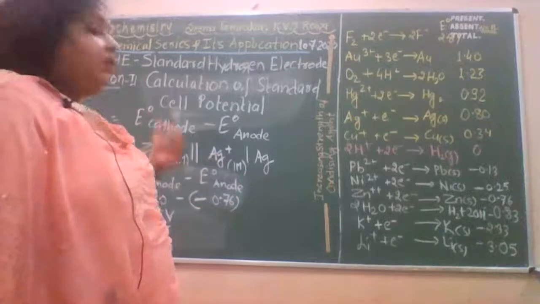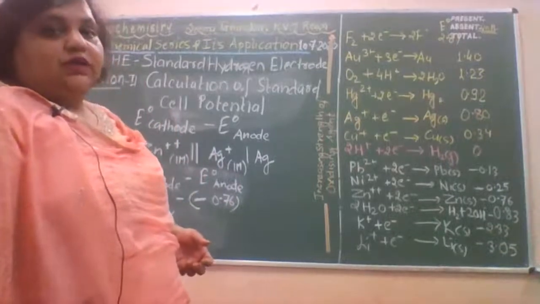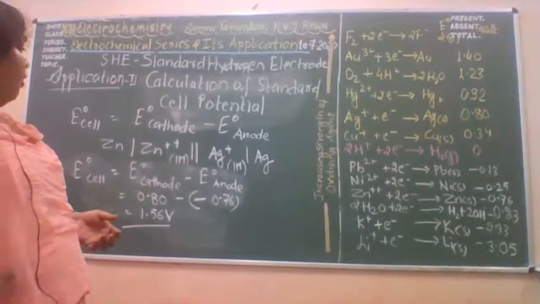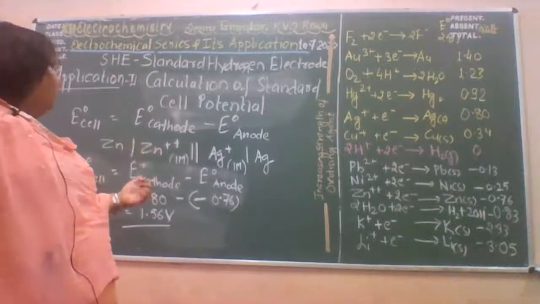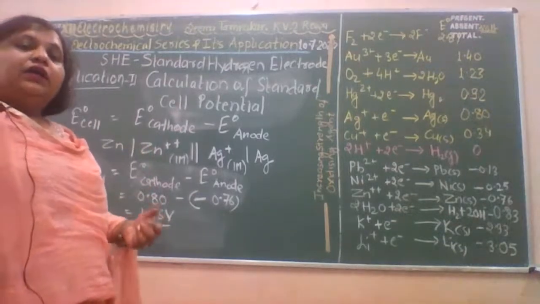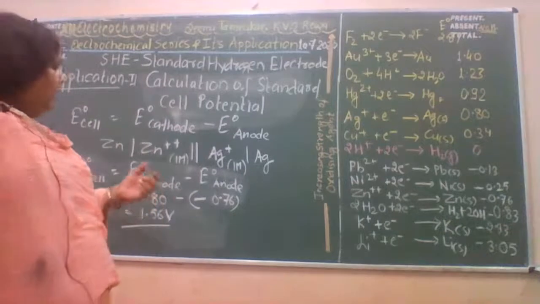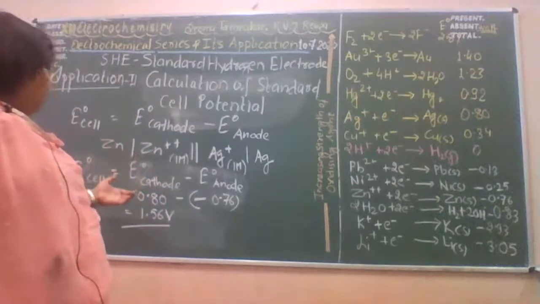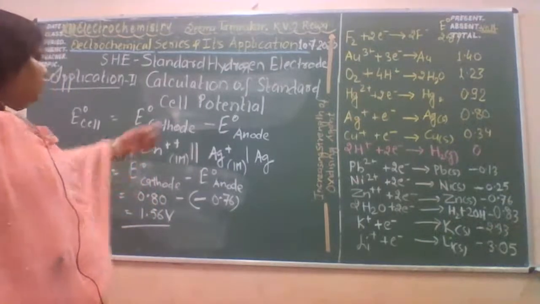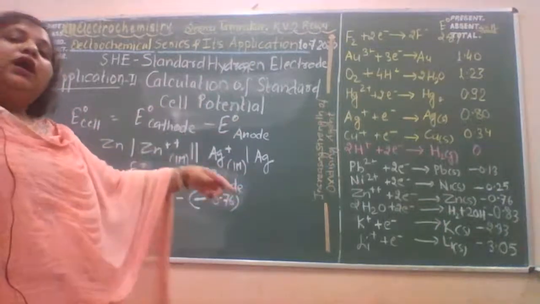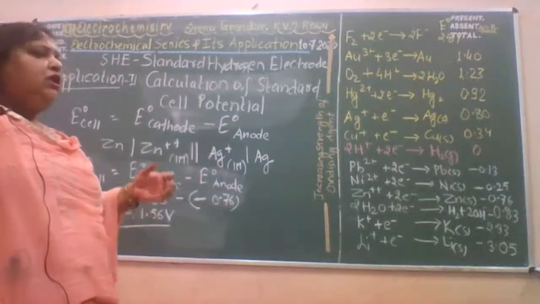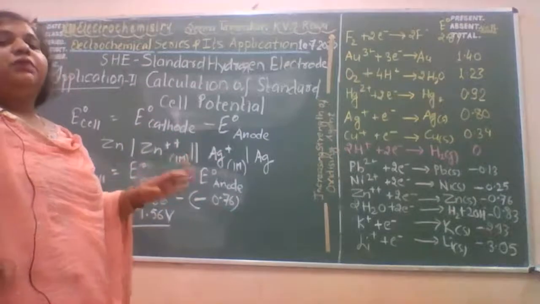That is how you can use this electrochemical series for the purpose of calculation of standard electrode potential. And dear students, simply you have to write the values that are given in the table, otherwise they are given in the question. You never need to remember these values.